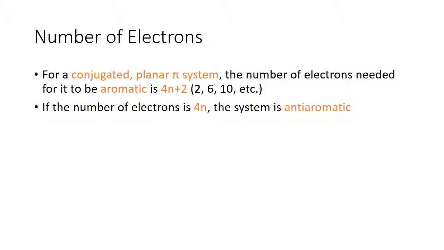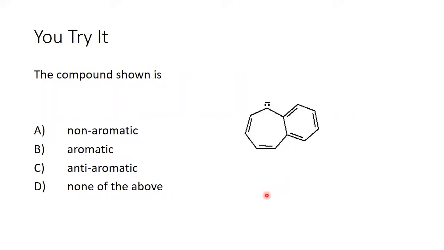If you don't have conjugated, if you don't have planar, then what you have is a non-aromatic system. Go ahead and look at this structure and see if you can determine if it's non-aromatic, aromatic, or anti-aromatic.